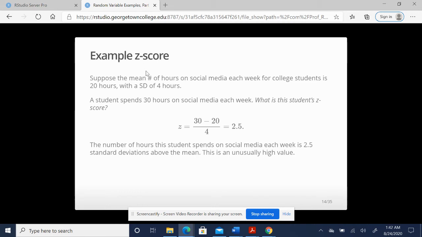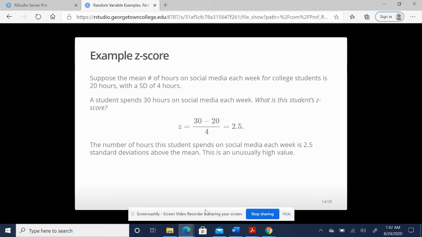And 99.7% of this population would be on social media between 8 and 32 hours, minus 3 standard deviations, plus 3 standard deviations.